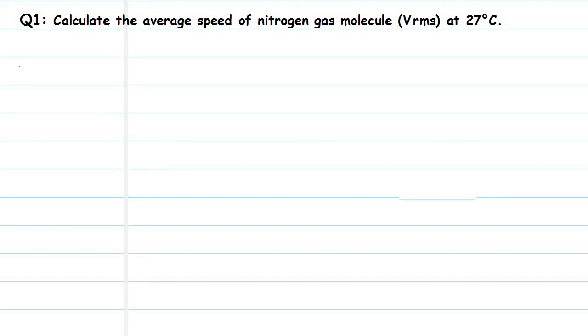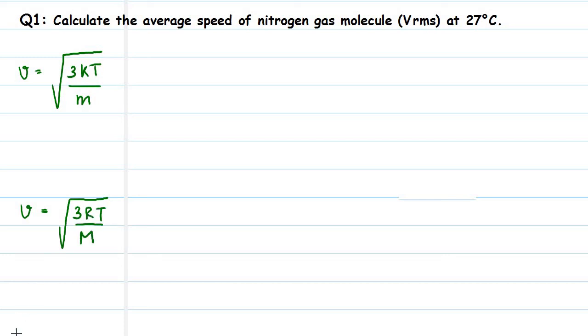First, it is V equals the square root of 3kT over small m. And another one is V equals the square root of 3RT over big M. So let's try that.